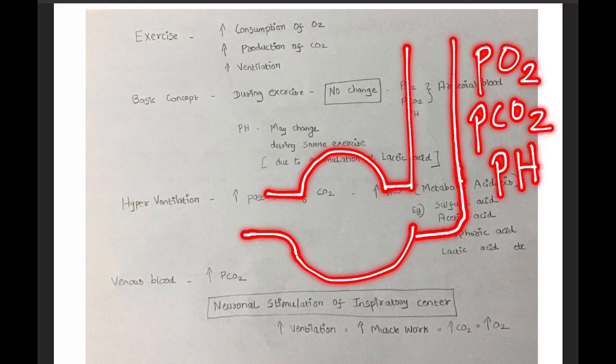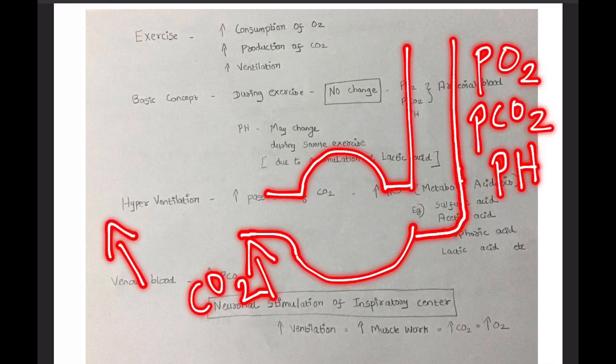So basically what happens is, if more carbon dioxide is produced and more oxygen is consumed inside the muscle tissue cells in severe exercise, the increased carbon dioxide will combine with water and form bicarbonate and hydrogen ions. These hydrogen ions will increase inside the blood, and whenever the hydrogen ions increase, it means there is more acid.